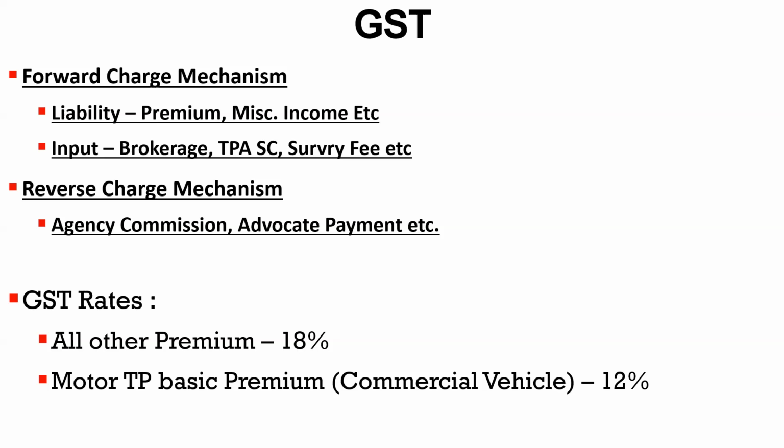We are now liable for 18 rupees GST, or 20, whatever the rate. Suppose we take 18 rupees as the fixed rate. We are liable for 18 rupees on that 100 rupees to be paid to the government. It means our net cost comes to 118. But this 18 rupees can be used as an input if we have enough liability in the forward charge.